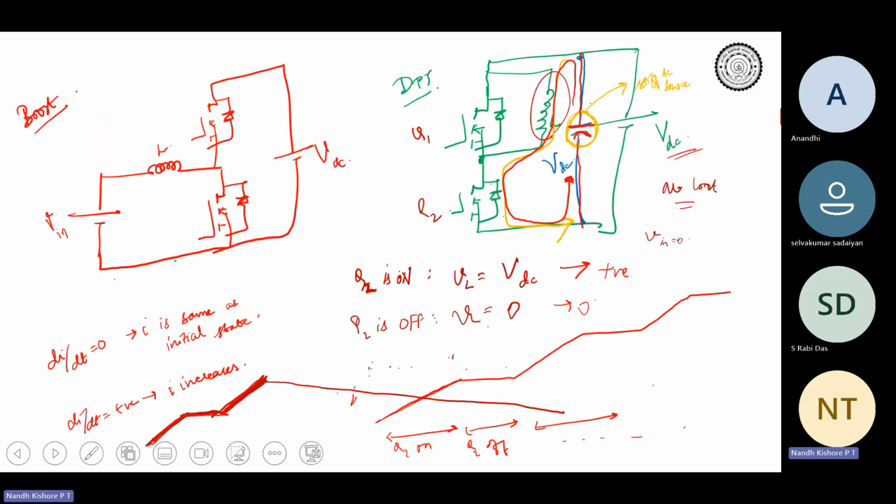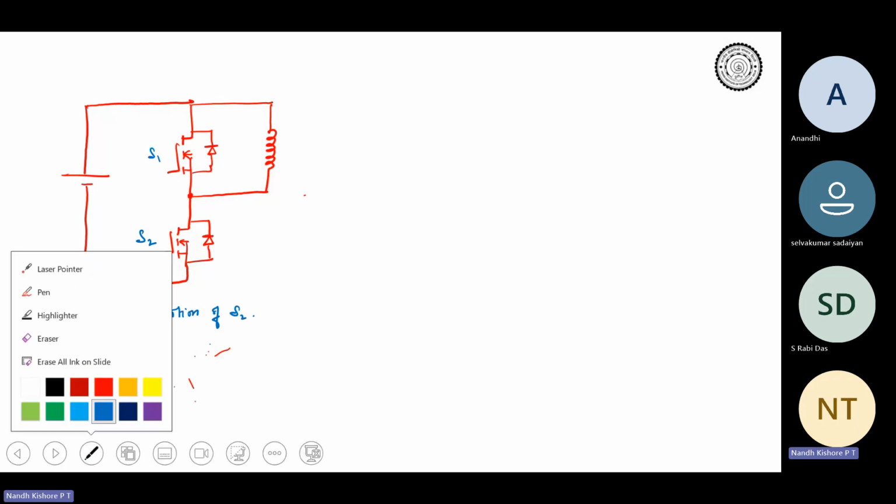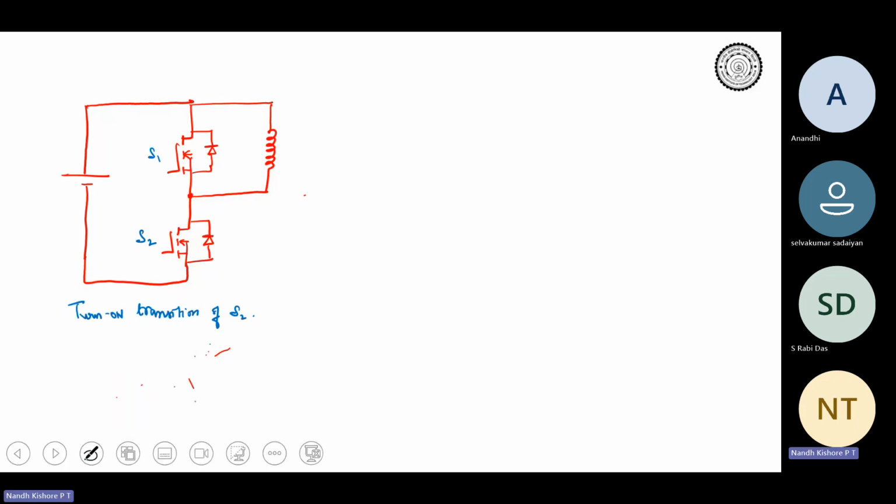So now what I'm trying to do is turn on S2. We are seeing the turn on transition of S2. Initially, what was happening?